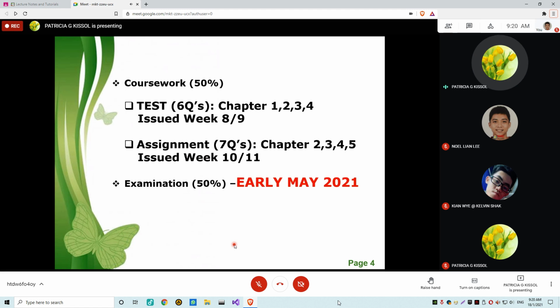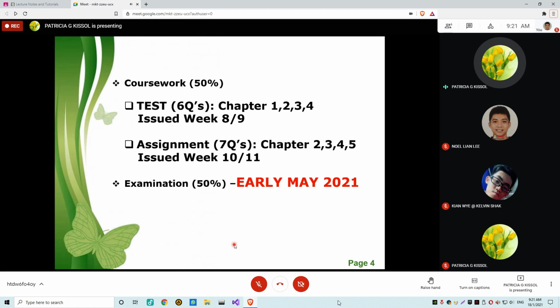So the coursework 50% consists of tests which has 6 questions, and it will cover from chapter 1 to chapter 4, and that would be issued in week 8 or week 9 depending on our progress. And then we also have an assignment, which consists of 7 questions, and that would cover chapter 2 to 5 and be issued around week 10 or week 11.